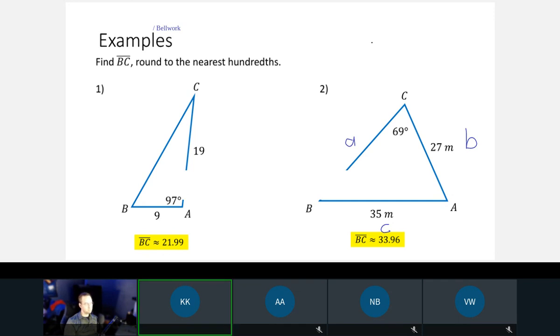So then I set up the cosine equation, which is the whole 27 squared plus 35 squared. And then for when I went to cosine A, for that, I put A as 180 minus 69 plus the arc sine of 27 times 69 over 35. I like it. That's how I finished it.